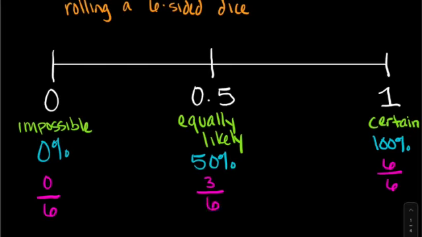Looking at the values between 0 and 0.5, we would call any opportunity that lands in between here as unlikely. So for example, if I have my 6-sided dice and I want to know the likelihood that I would roll a 2 on that 6-sided dice, there is 1 opportunity out of 6 that I would roll a 2 on that 6-sided dice.